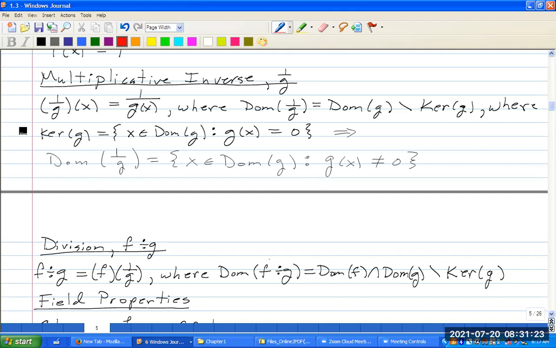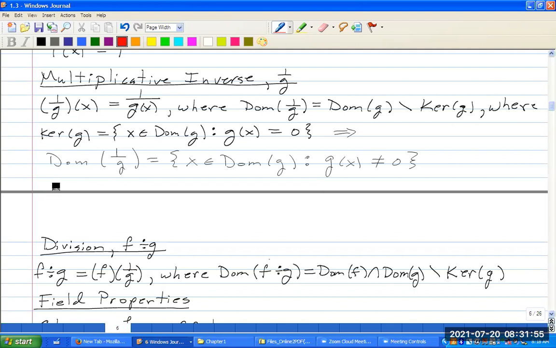What this means is that you don't want to divide by 0. So if I define 1 over g of x, well, g has to be defined at x and don't divide by 0. So that's all I'm saying. How do you define 1 over g? Well, obviously g has to be defined at that point x, and you cannot divide by 0, so g can't be 0 at that particular value of x.